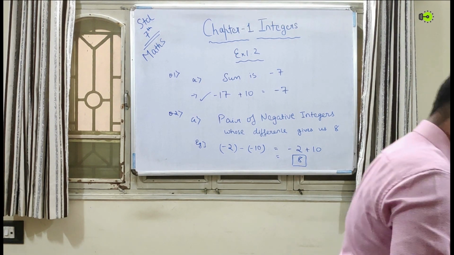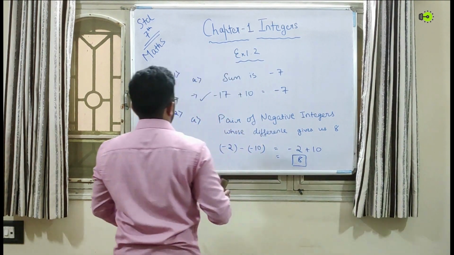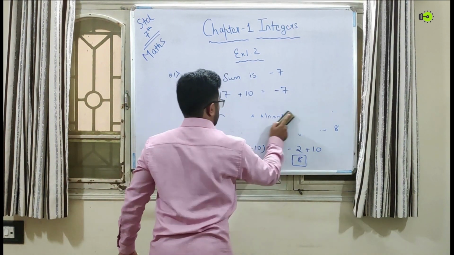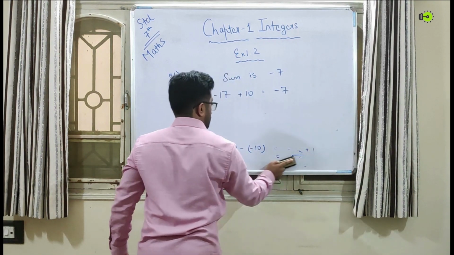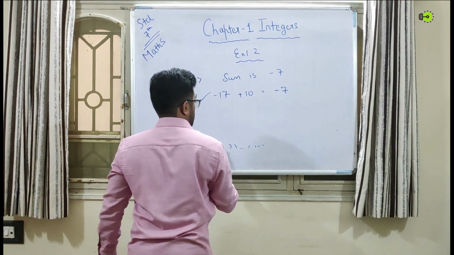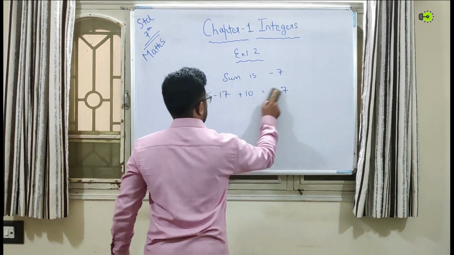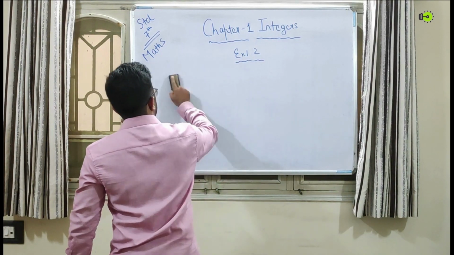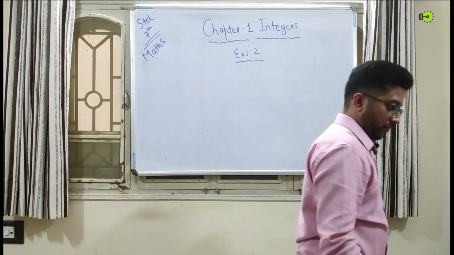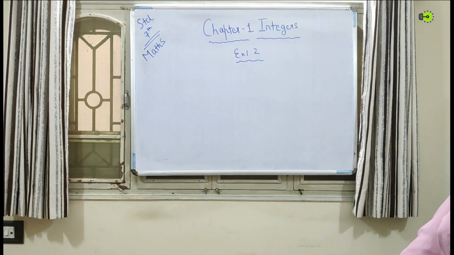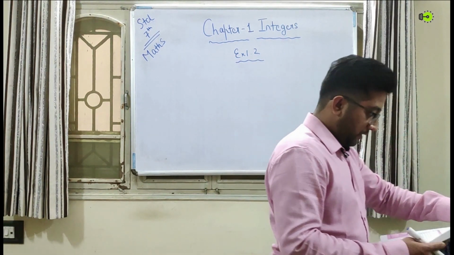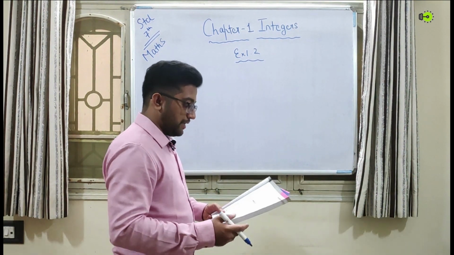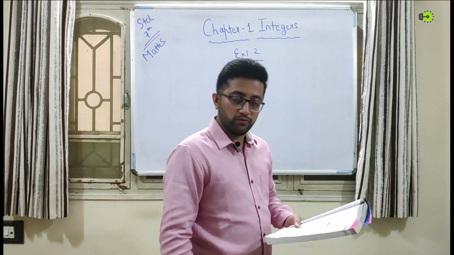Now starting with question number 3. In a quiz, team A scored minus 40, 10 and 0, and team B scored 10, 0 and minus 40 in 3 successive rounds.